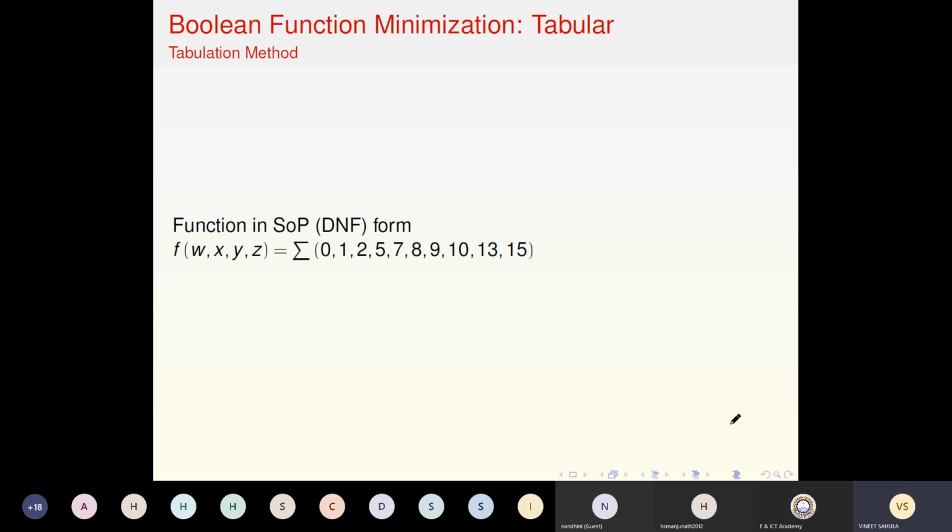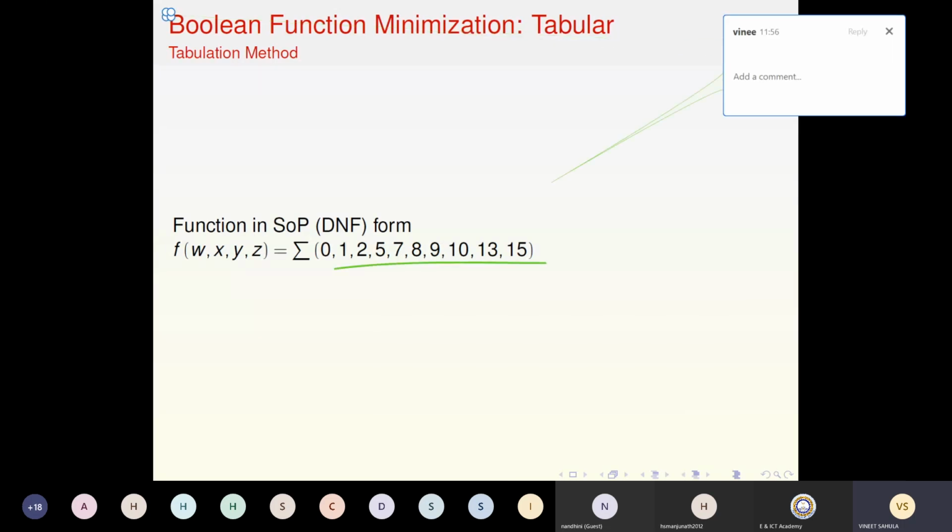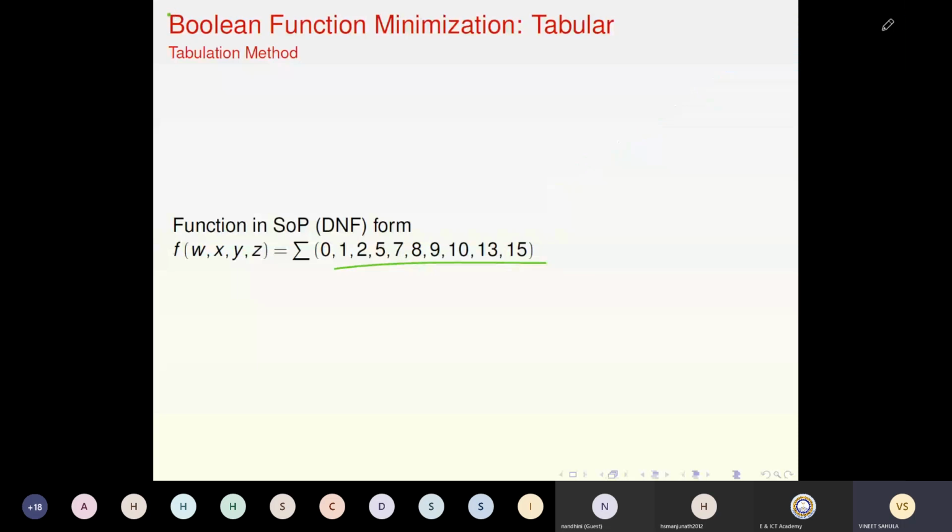First, I have to group the given minterms. These are all minterms, right? So I have to take all these minterms and group them in such a way that, if it has 4 variables, each of these can be represented by 4 places of binary bits. How do you represent the 5? 0, 1, 0, 1. How many ones are there? 2.